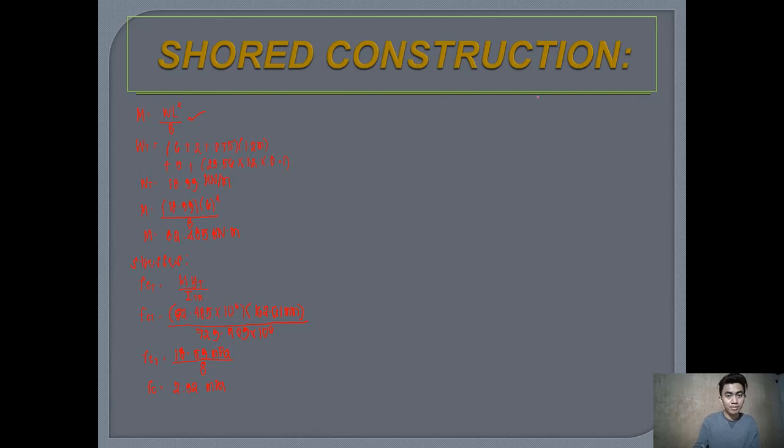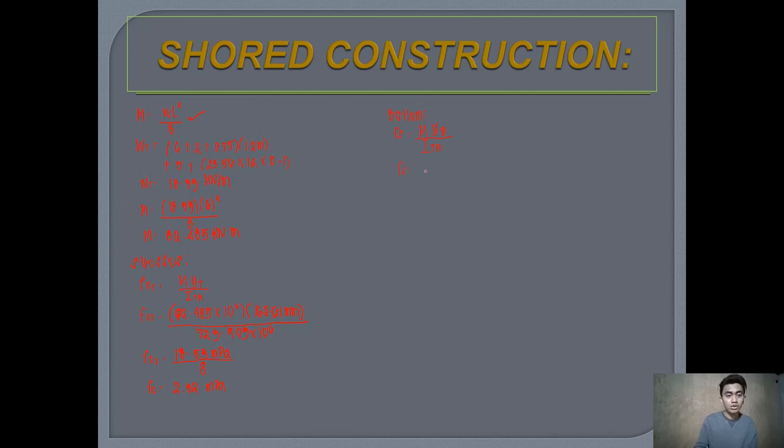So how about at the bottom part of the composite beam? For the bottom part, we will be able to determine the stress for steel. Let us denote this as Fs. That is the same M multiplied by YB all over I transformed, or the transformed moment of inertia.